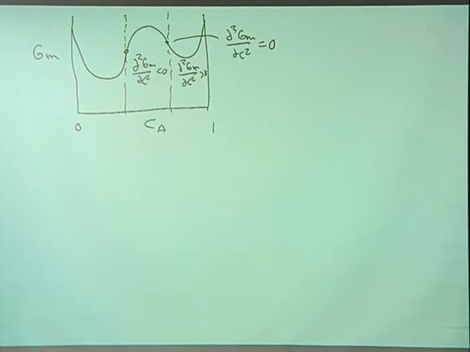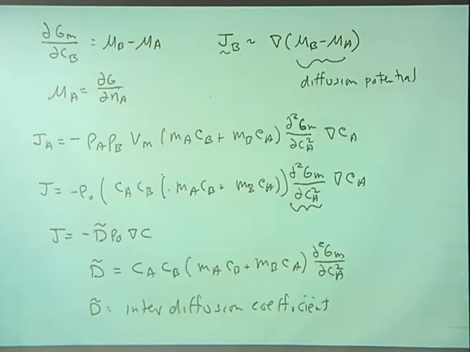And so let's go back here. So what are the implications of this? Well, look at the definition of the diffusion coefficient here. It has this second derivative. And if you think about this equation here, if D is positive, the fluxes are down composition gradients. If D is negative, the fluxes are up composition gradients, right?